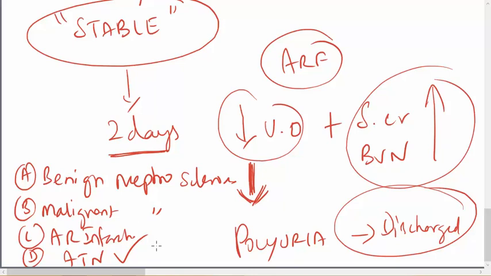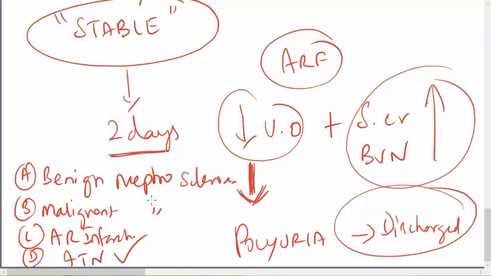I'll change the case now. For example, the patient had an MI. After 2 days, the patient's renal function is deteriorating and it is not recovering. In these choices, come on, tell me what it could be. See, that acute myocardial infarction patient comes to the hospital as an emergency, then he has been stabilized.